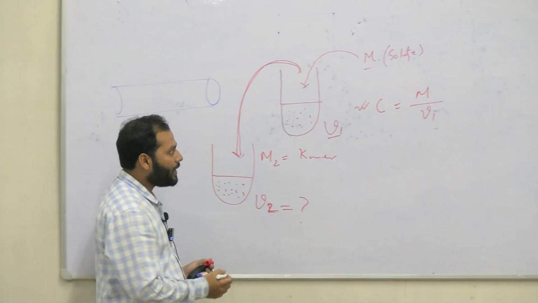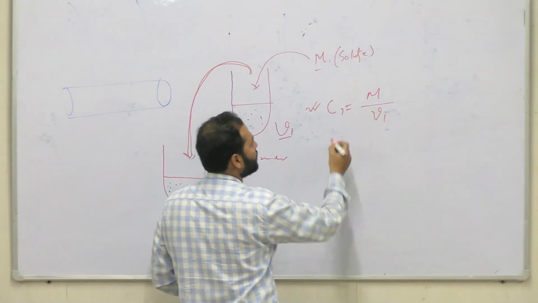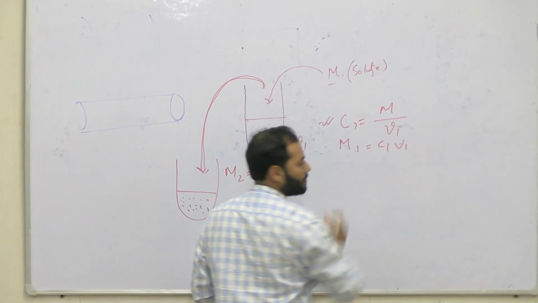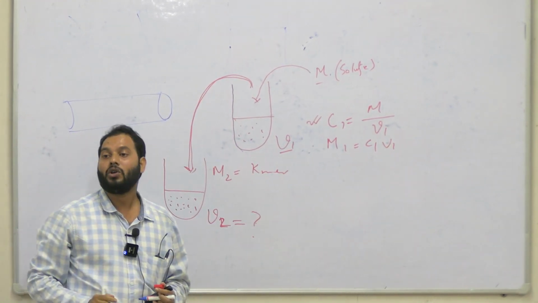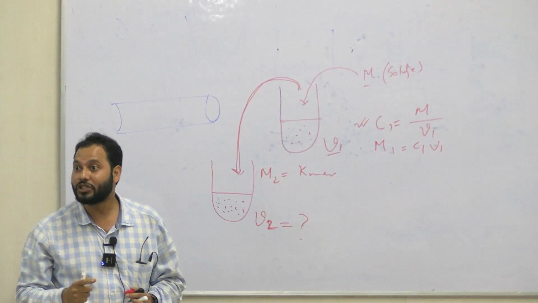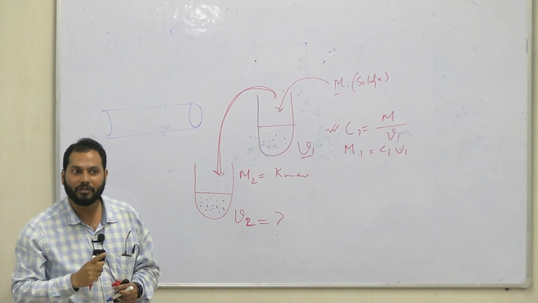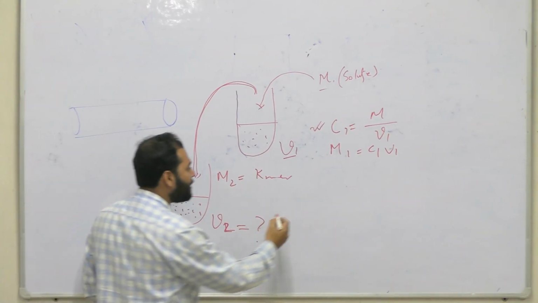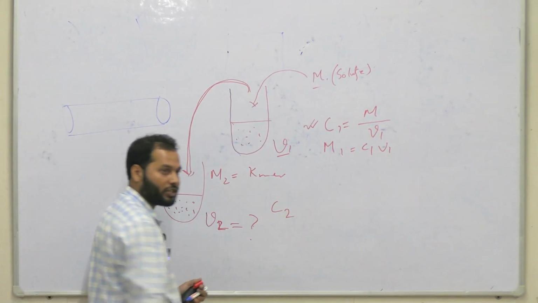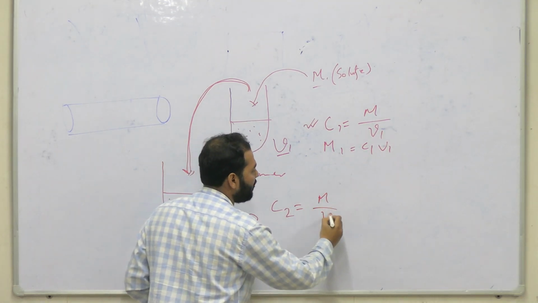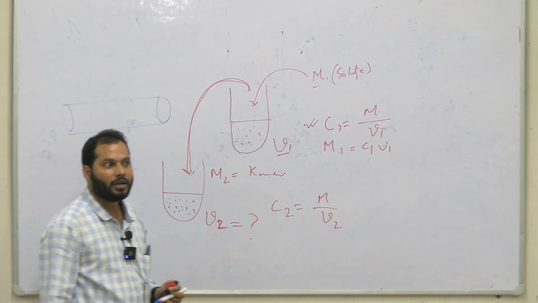Now here, if you want to know the concentration of that solution, what will be the formula? Again the same thing: the concentration equals mass divided by volume. Clear?